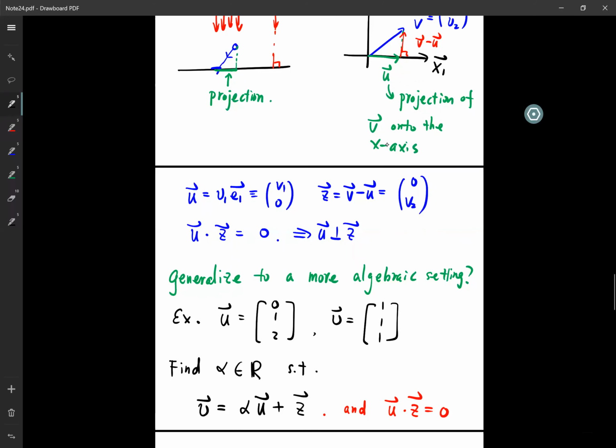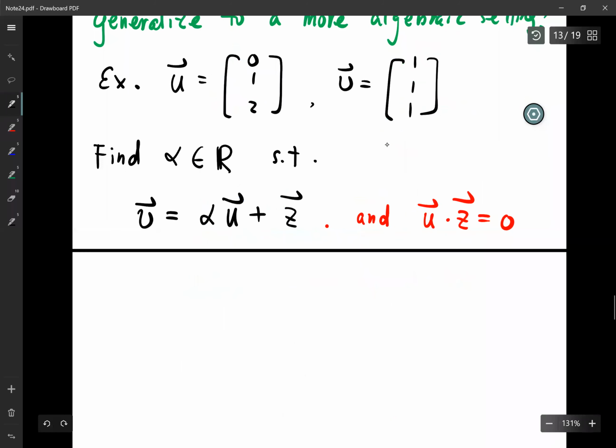Very good. So the technique we're going to use is exactly the same technique we have used before, which is to do a dot product on the left and right hand side. As I said, this is a really useful technique. So on the left hand side, I consider u dot v. On the right hand side, I have alpha u plus z.